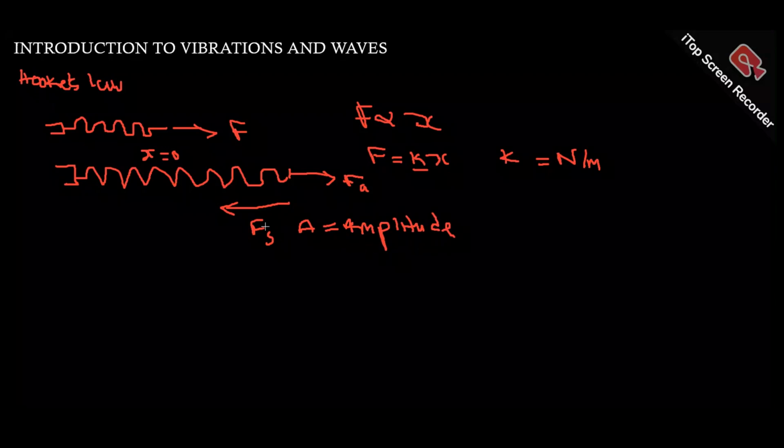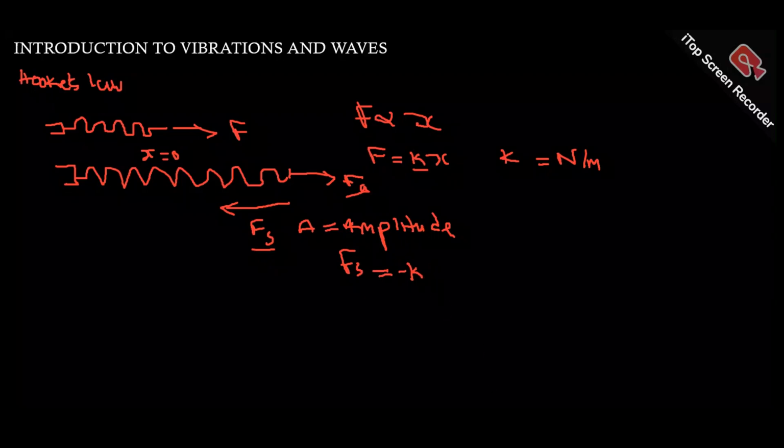Okay, now let's move on. What else are we supposed to talk about? We have talked about two forces, this one and this one. The question is, what is the formula for the restoring force, Fs? Since this one is trying to oppose the motion, it's going to be the same formula but negative.